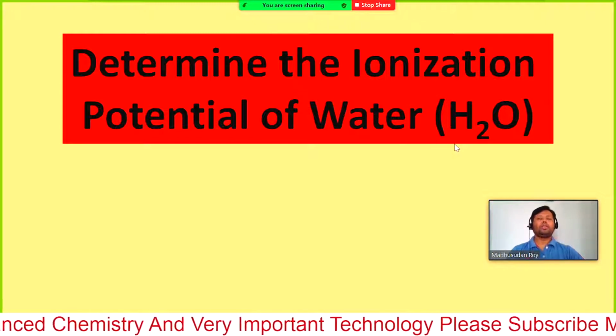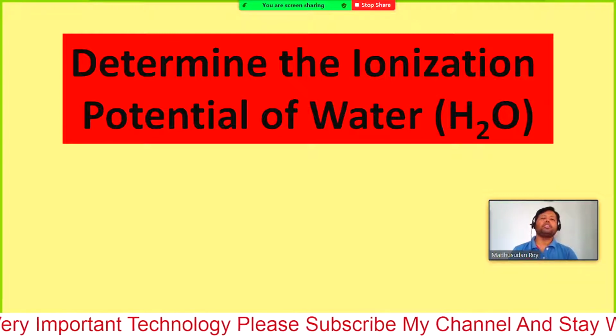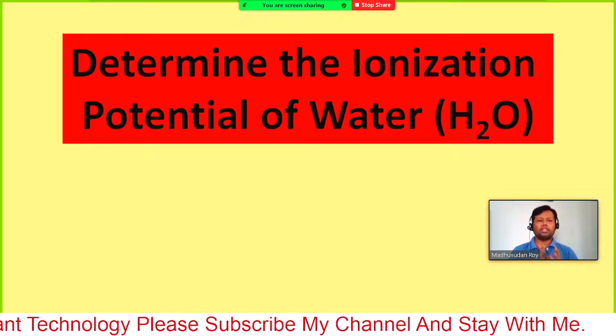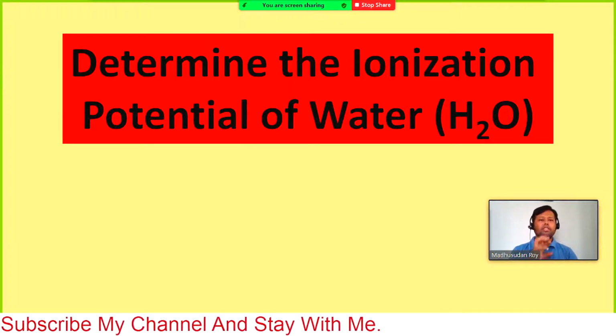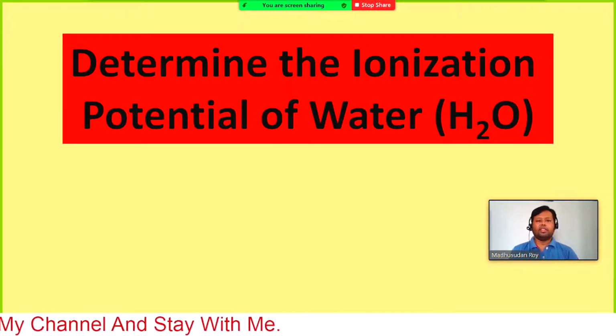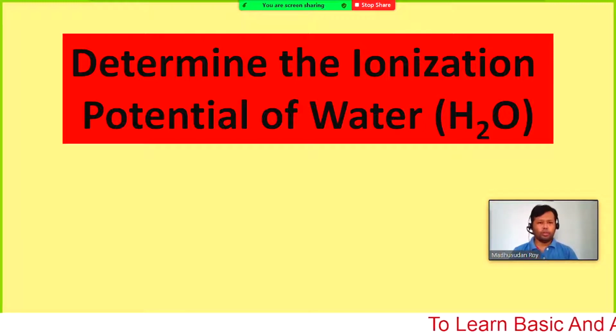To determine the ionization energy, you have to follow some steps. First, you need to find out the energy of the ground state, that means in the neutral state. So you have to find out the structure of the water molecule and then determine the energy of the neutral water molecule.